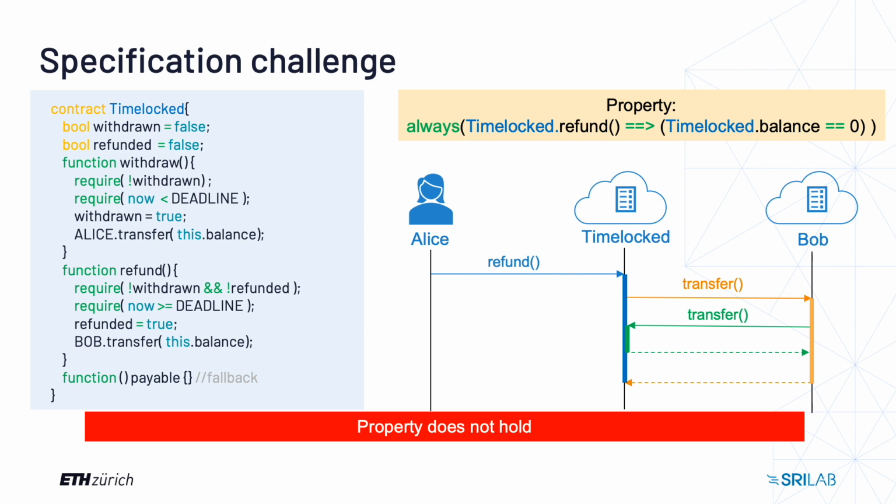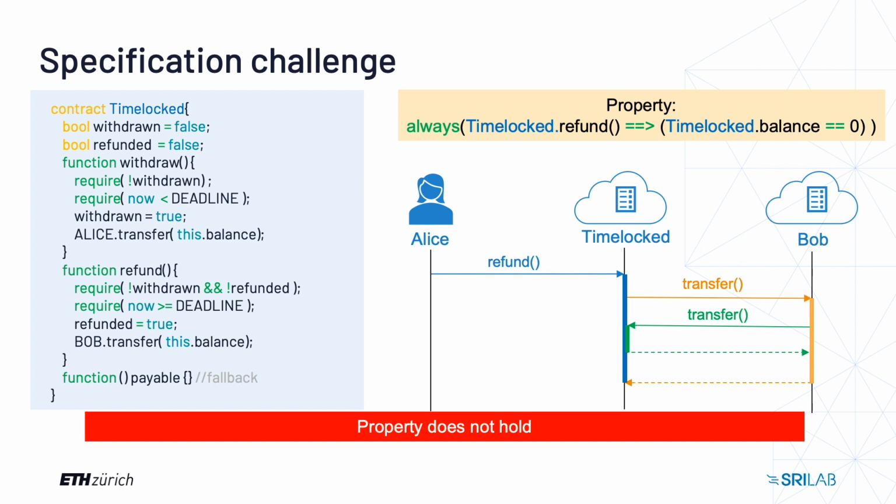The design of Ethereum is such that during this call, Bob's contract code will be executed. Because this code can be arbitrary, it can transfer some money back to the time locked contract using the fallback function. Thus, even though the topmost call was the refund, the property will not hold, as the balance of time locked will be increased. Here is where the specification challenge arises.